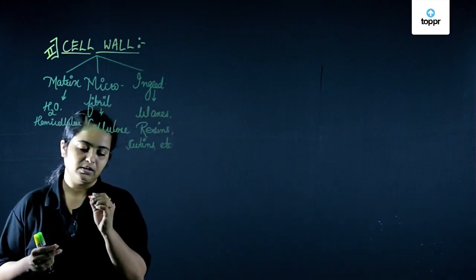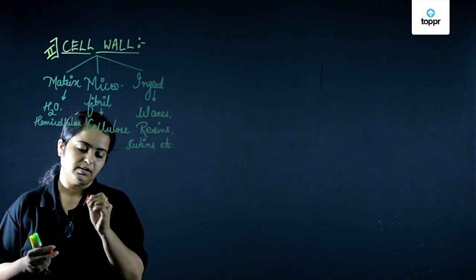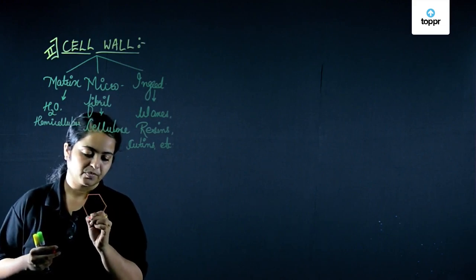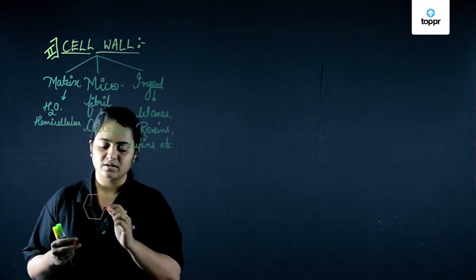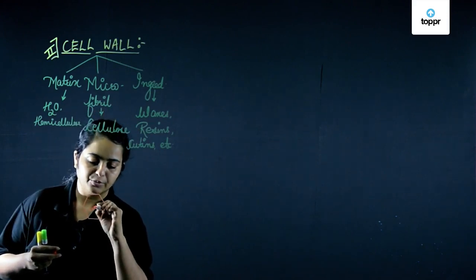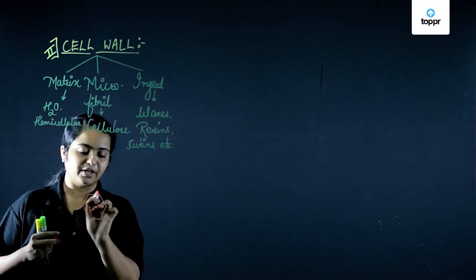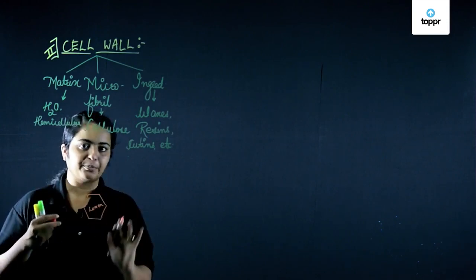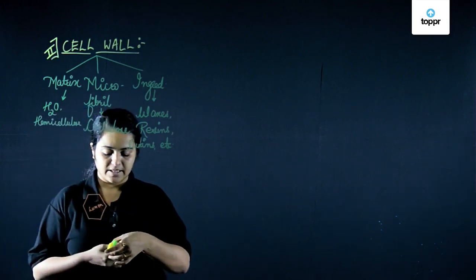So, for example, we consider the structure of a simple cell in plants. This is how the normal structure is. So, I name this as lumen. Lumen is the cavity, but here we consider it as a cavity or a lumen because this is having all the cytoplasmic components and everything. Yes?